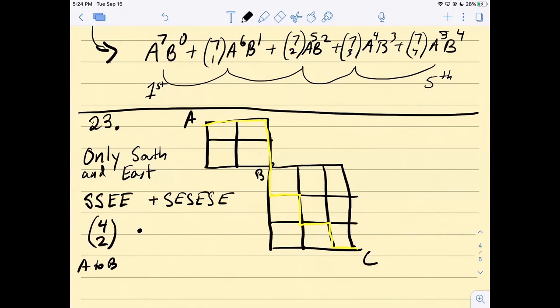And then how many ways are there to go from B to C? 6 choose 3. And we multiply them, as Lasha and Kieran both suggested, because you want to go from A to B first.